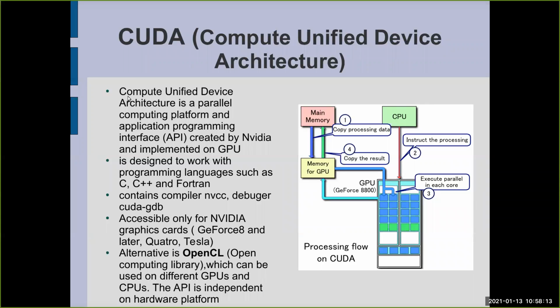So GPU has dedicated APIs and libraries which let us create programs in C++ or other languages. And these libraries are called, for example, OpenCL. So the most popular is OpenCL.